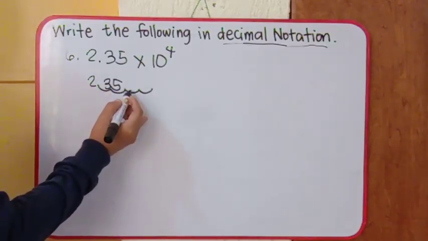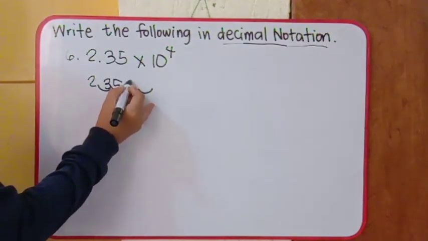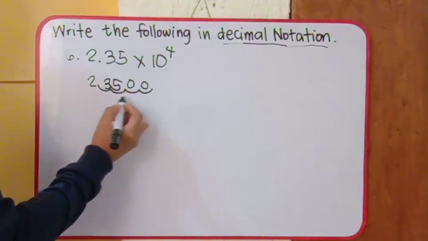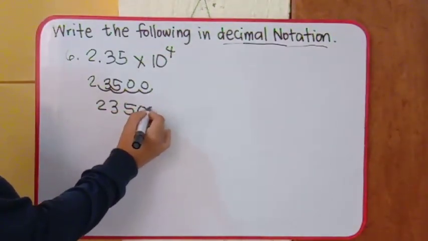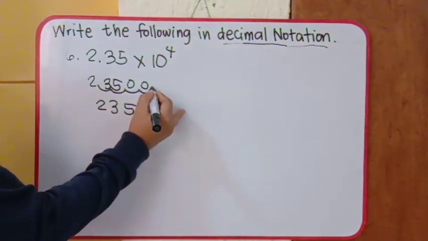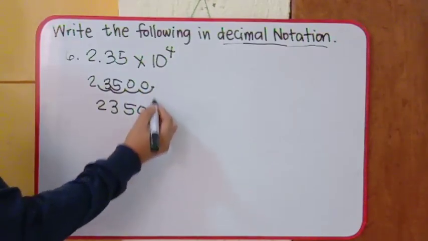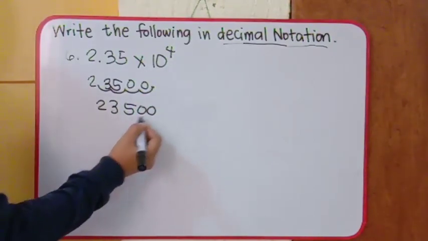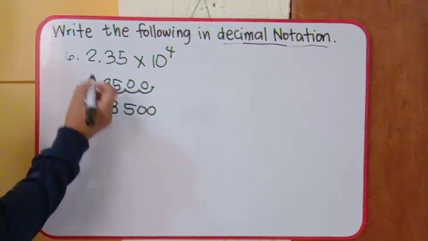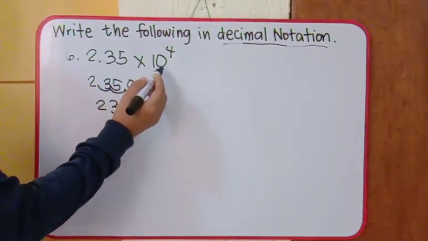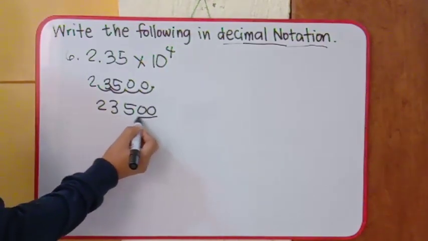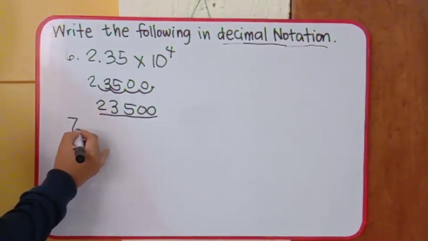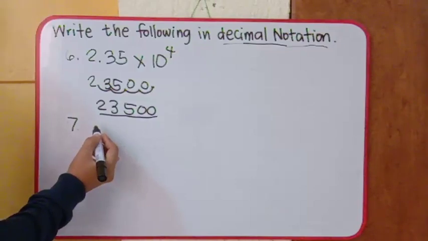So for the space that we don't have digits, we will just put 0. So the answer will be 23,500. So this will be the location of the decimal point. So since it is a whole number, no need to write the decimal point. So 2.35 times 10 raised to 4 in decimal notation is 23,500.